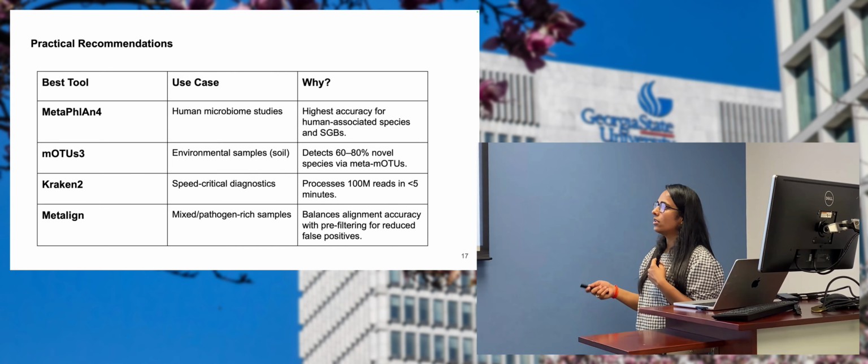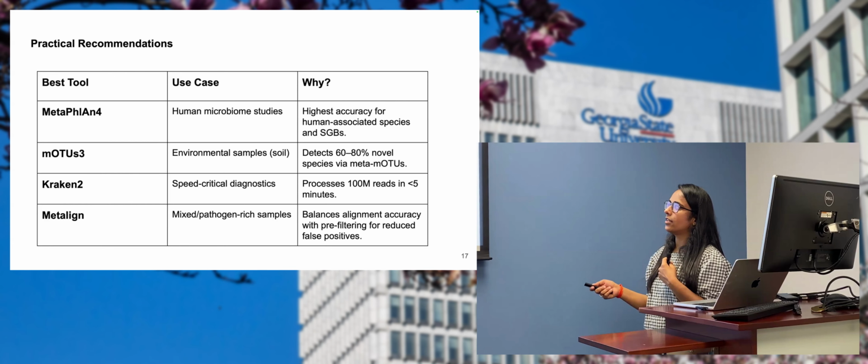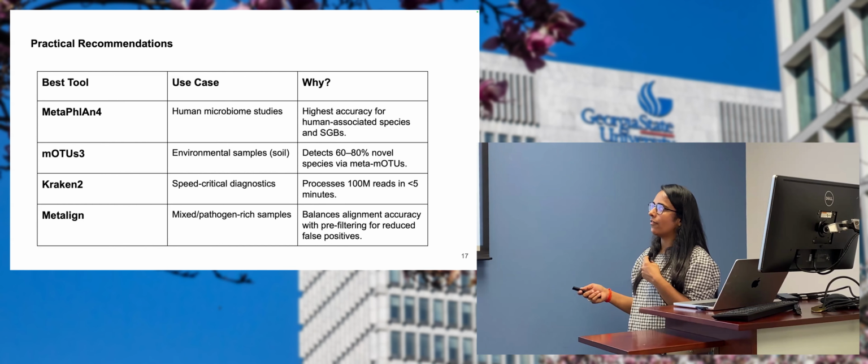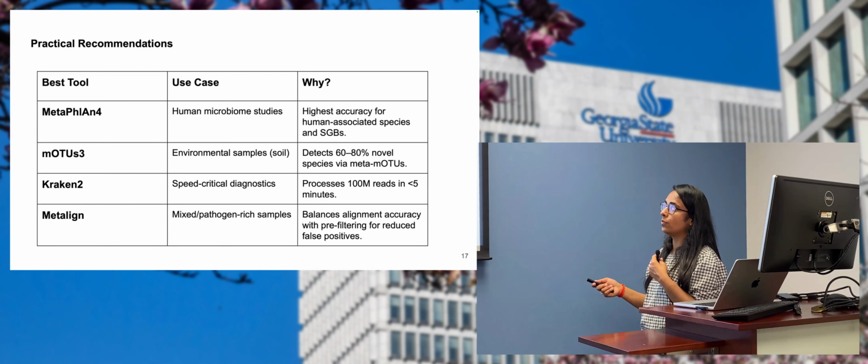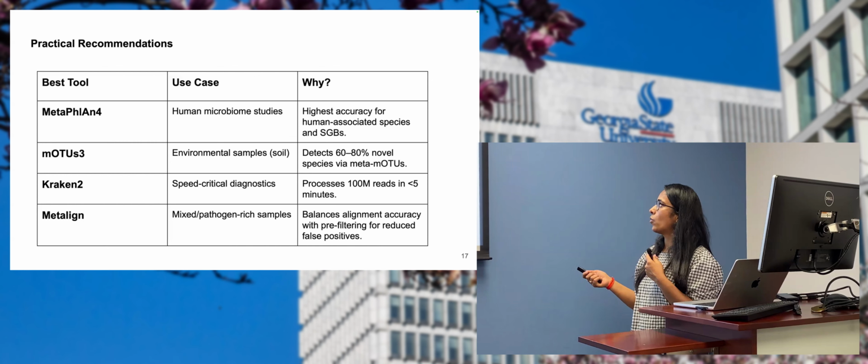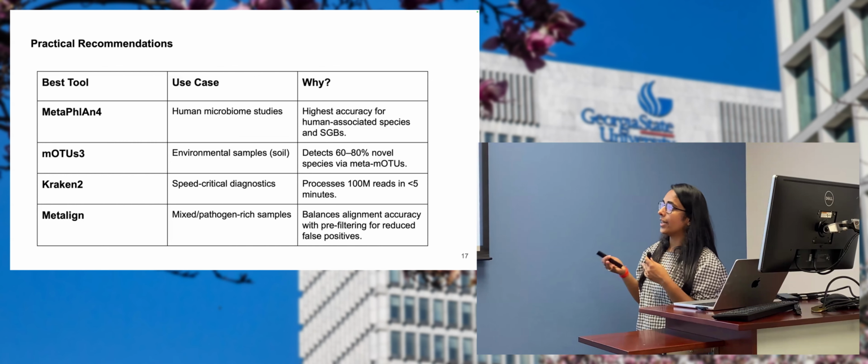So all the tools are not interchangeable, they are specific to particular use cases. MetaPhlAn will work well on human microbiome studies because it has the highest accuracy for human-associated species. mOTUs will work on environmental samples like soil and water, because it will detect novel organisms that are not present in the database. And Kraken is for speed-critical diagnosis.